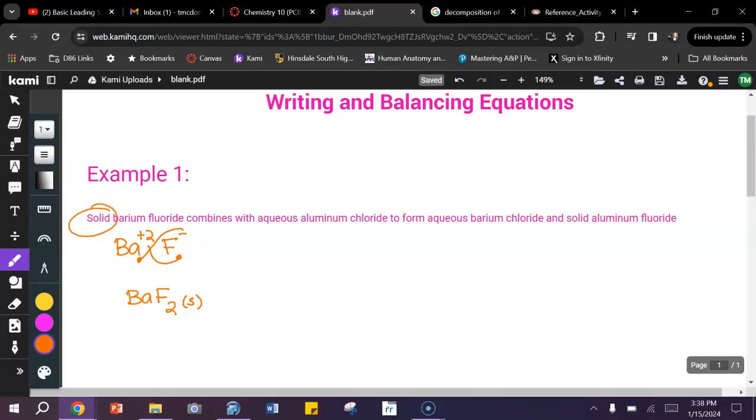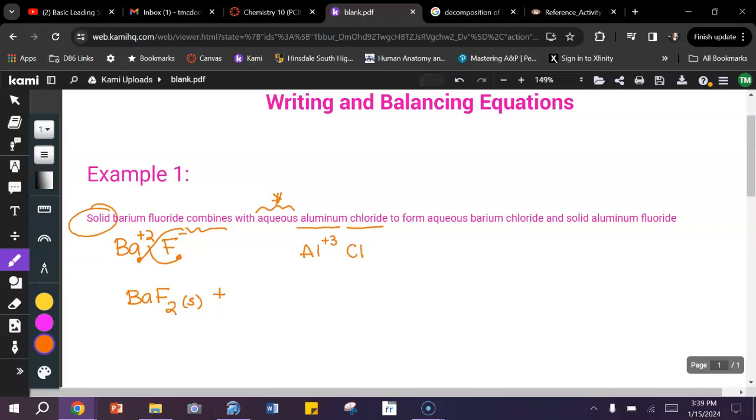Now, our barium fluoride is combining with something, so we're going to add it to aqueous aluminum chloride. For now, just ignore this aqueous. We'll come back to it. But first, let's just worry about what the formula for aluminum chloride is. So again, we have aluminum, which is a metal on the left of the stairs, and it is combined with chloride in a compound. Aluminum's abbreviation is Al, and the charge at the top of its column is +3, while chloride is a halogen.